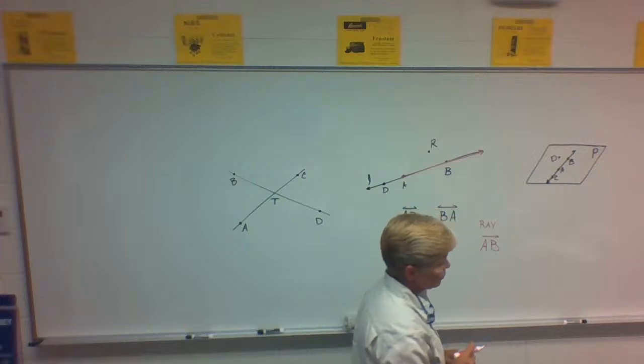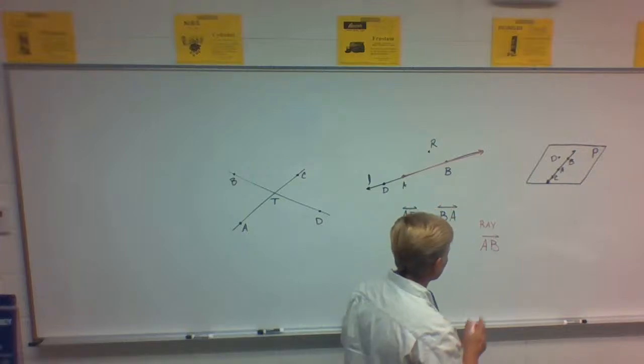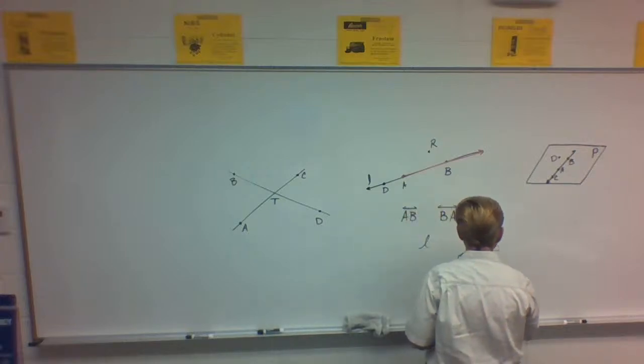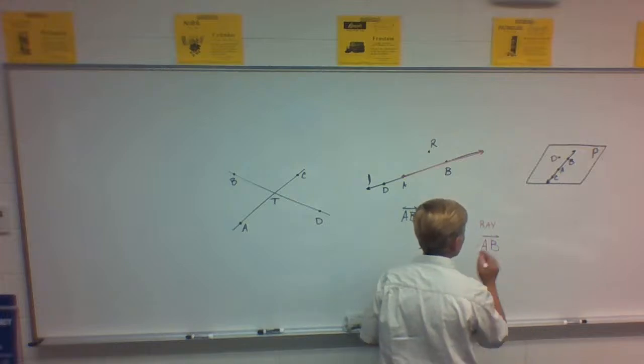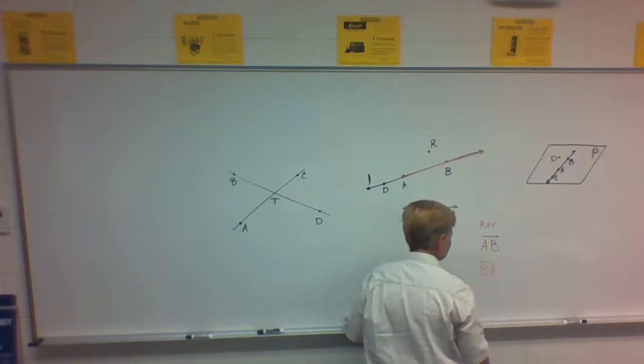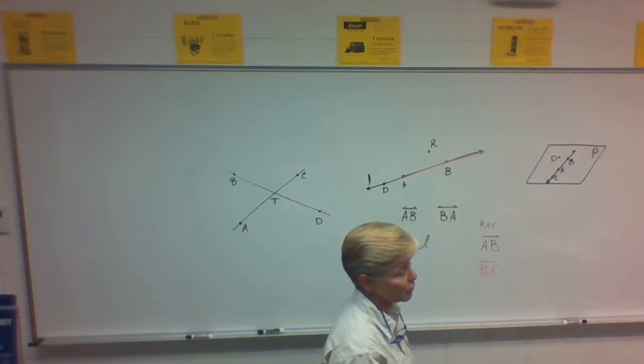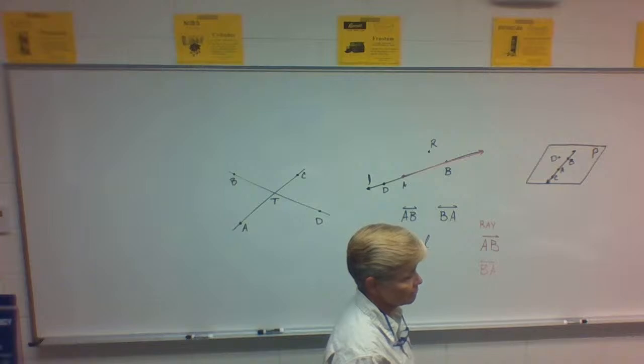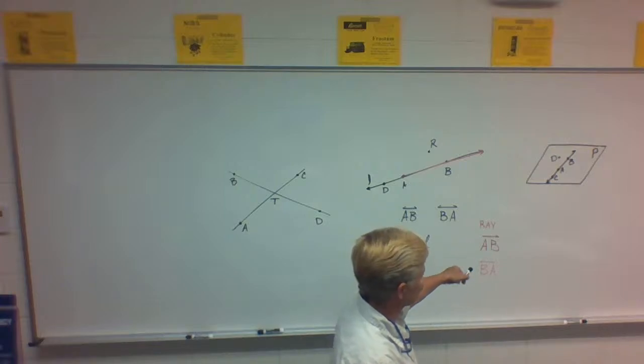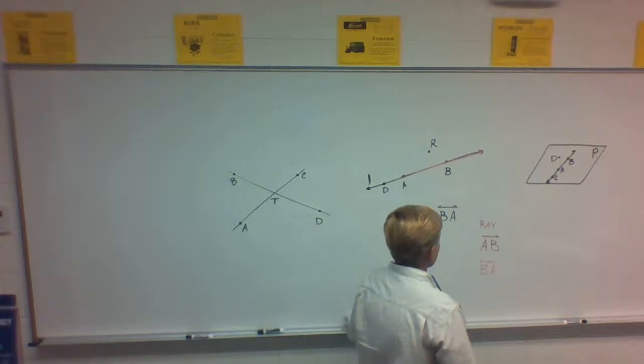Now, even though it's not conventional, it's still correct. We could also name this ray BA, the very same ray, but you've got to do this, indicating it still starts at A and goes through B forever. See what I mean? You can't just arbitrarily put letters down and then a ray. You've got to make it start where you intend it to start and go on through the other points.